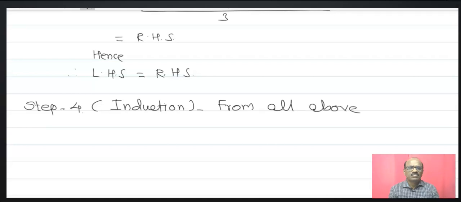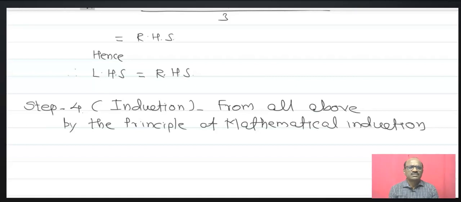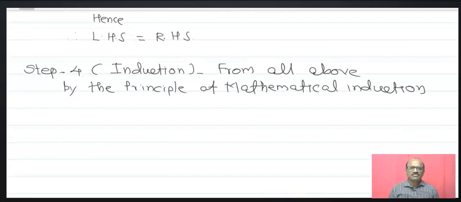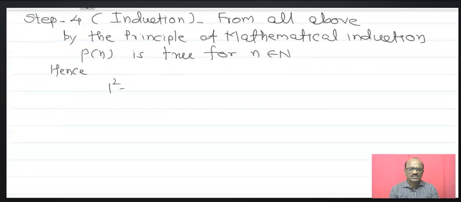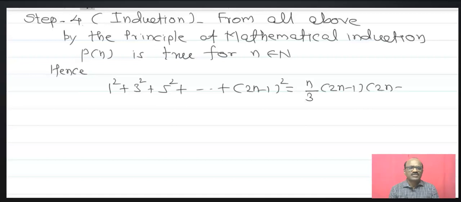From all above, by the principle of mathematical induction, P of n is true for small n belongs to capital N. Hence, 1 square plus 3 square plus 5 square plus dash dash (2n minus 1) bracket square is equal to n upon 3 (2n minus 1)(2n plus 1).